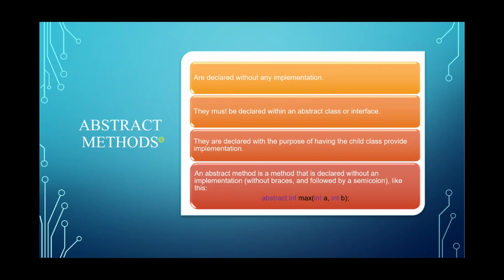Because we want to create abstract methods in both abstract classes and interfaces, let's first get to know the abstract methods, because we need them in both interfaces and abstract classes.